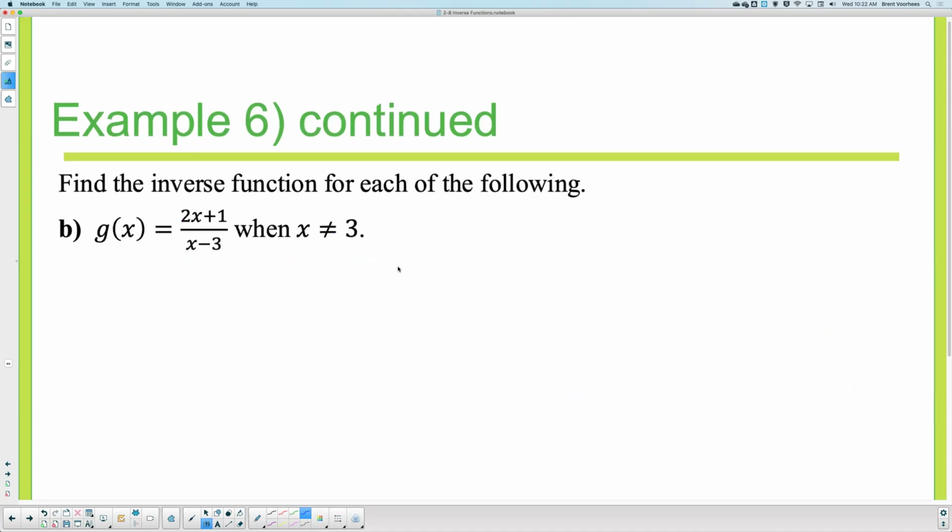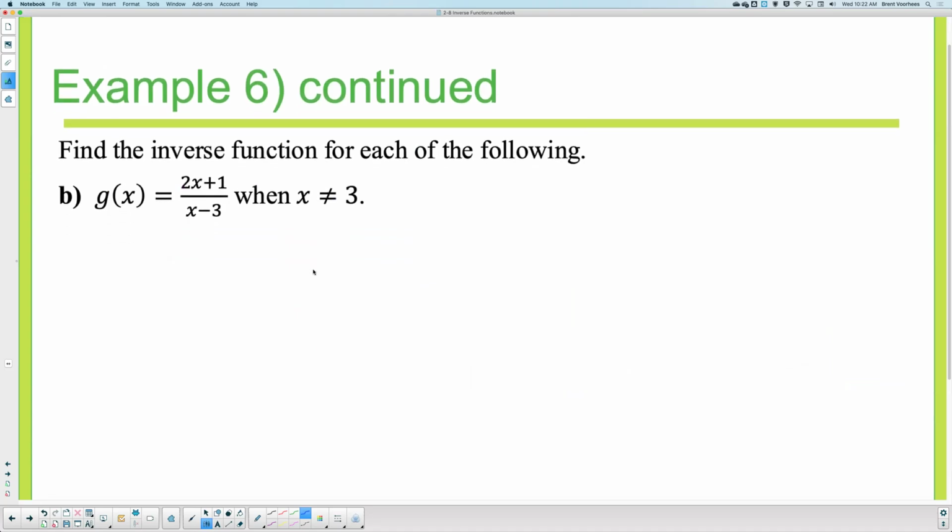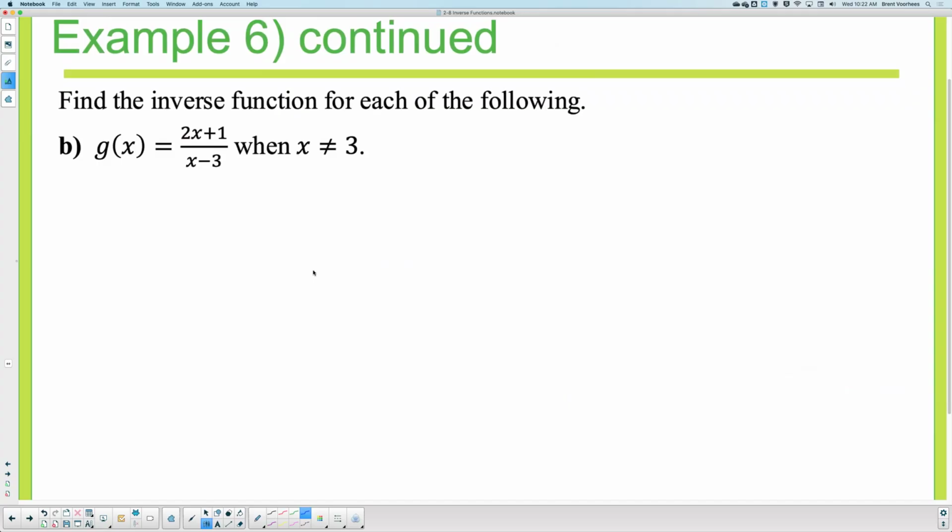So let me show you one more before I give you one to try. Let's do this again. So again, remember the steps that we performed. The first step is we're going to switch x and y here. That's why the first step is to switch x and y.